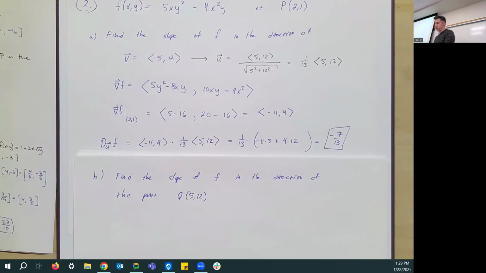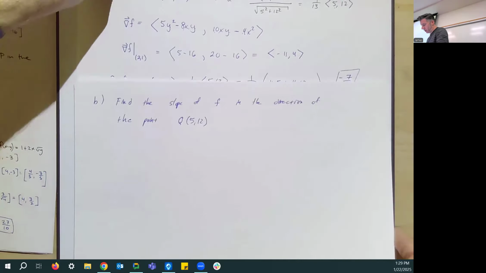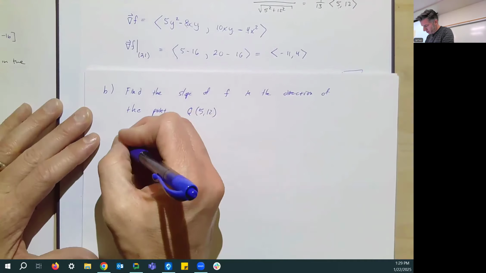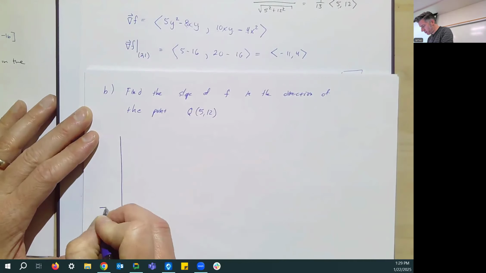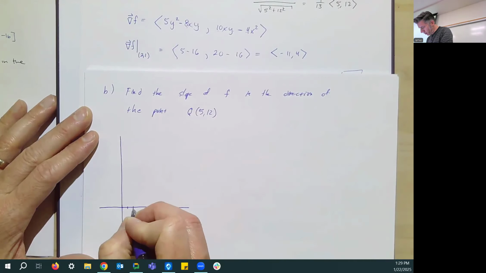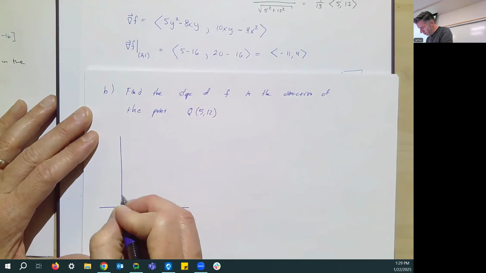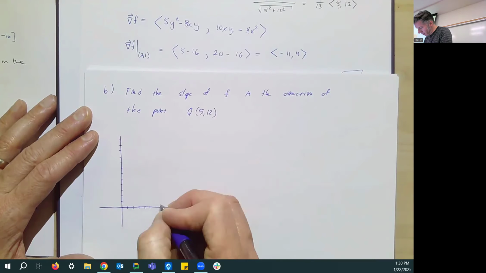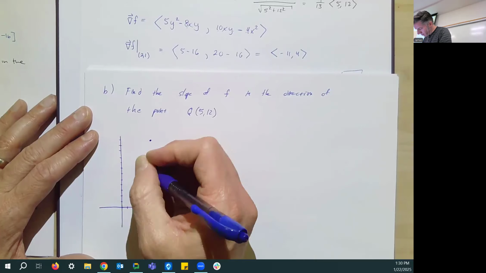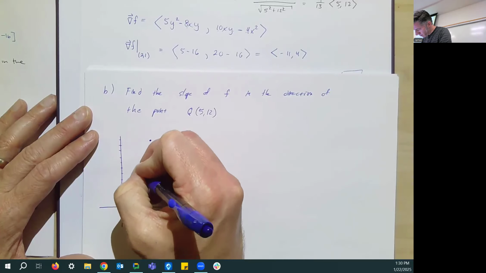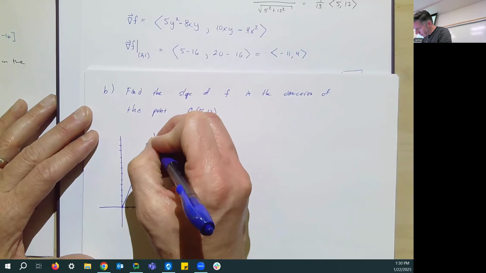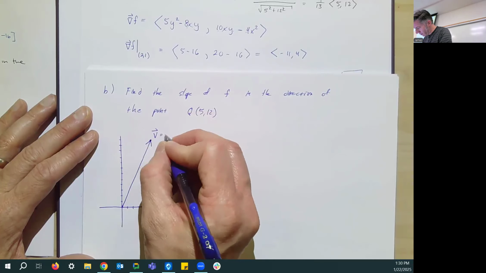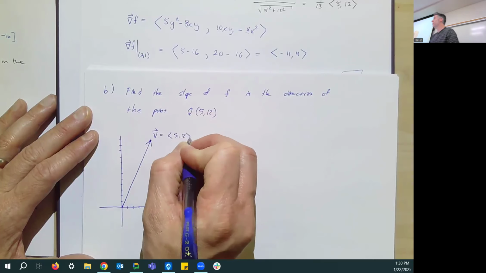So the difference here is that graphically, I should pick smaller numbers. Oh, well. 1, 2, 3, 4, 5. 1, 2, 3, 4, 5, 6, 7, 8, 9, 10, 11, 12. Too many marks to make. So that's your vector v from the first part of this.